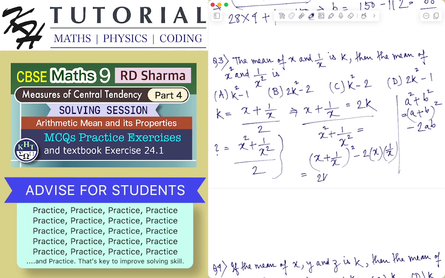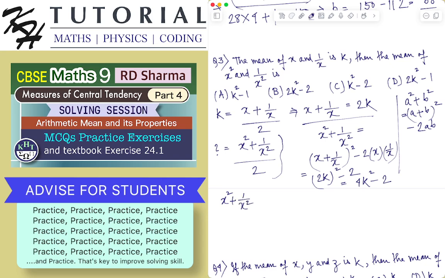So it is 2k whole square, and minus 2 into x into 1 by x is 2. So this is 4k square minus 2.